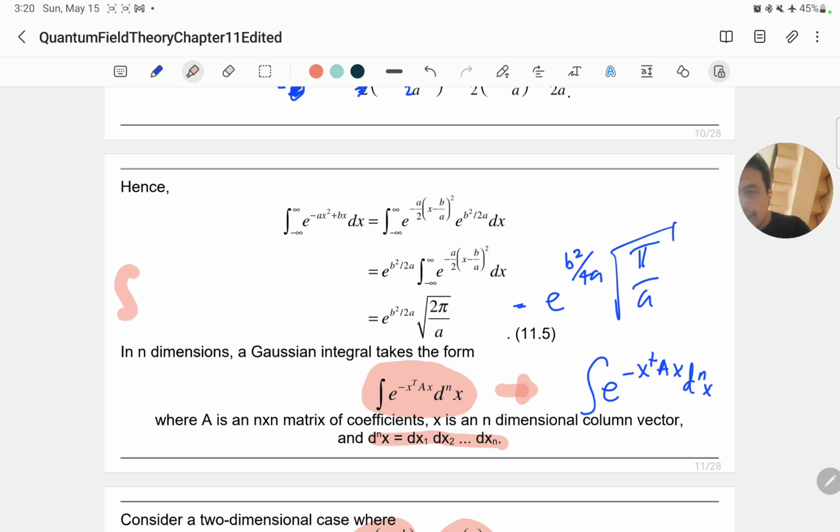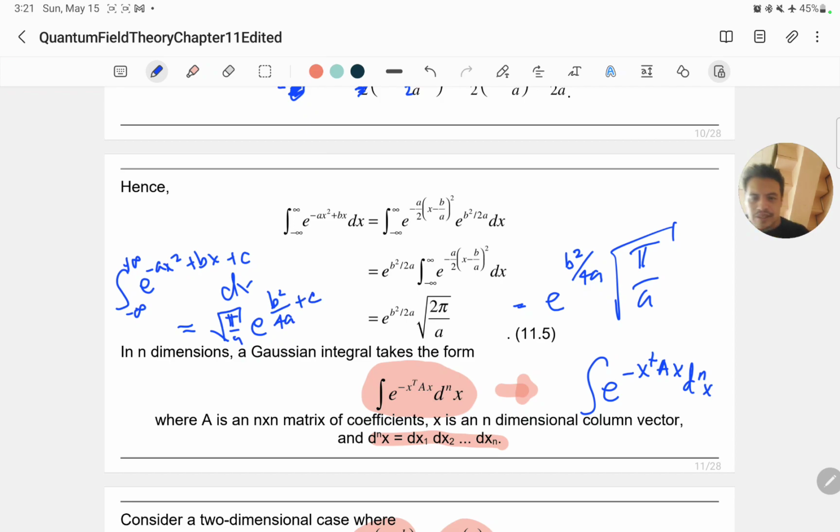You also have the integral of e to the negative ax squared plus bx plus c dx, which is also equal to square root of pi over a times exponential of b squared over 4a plus c. So you also have that.